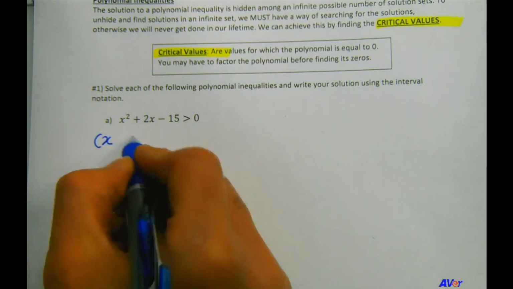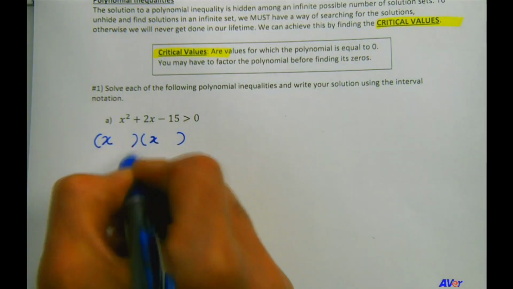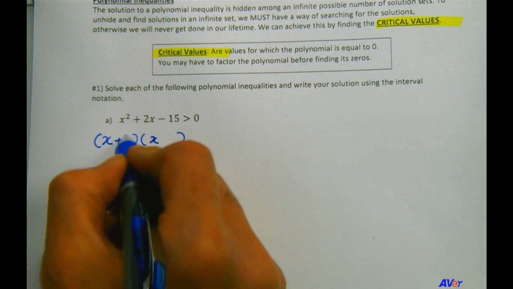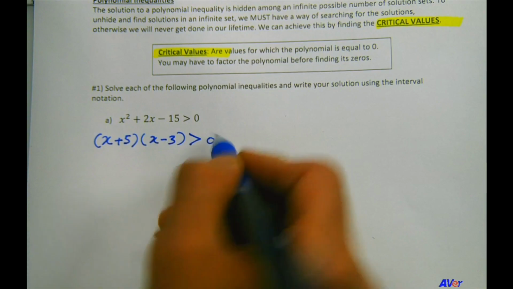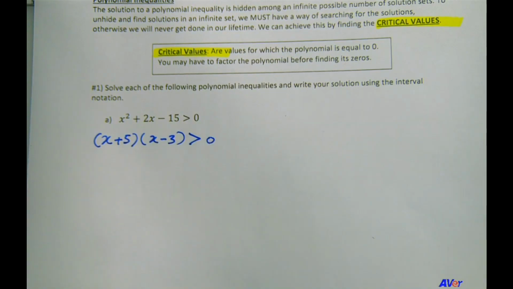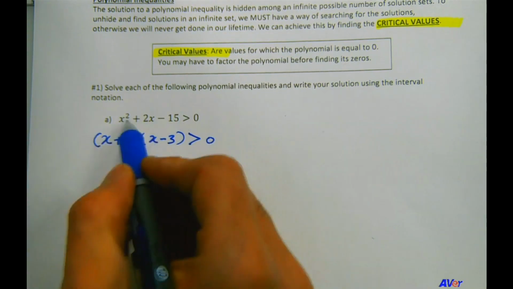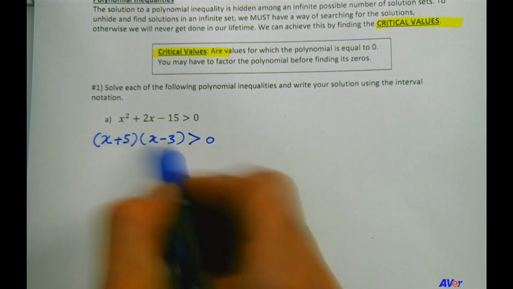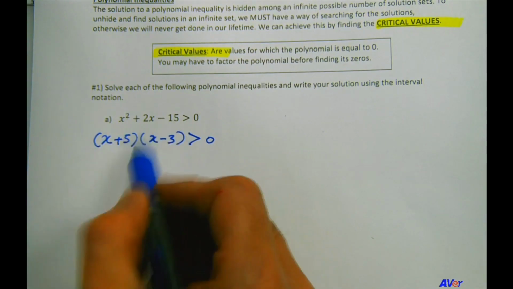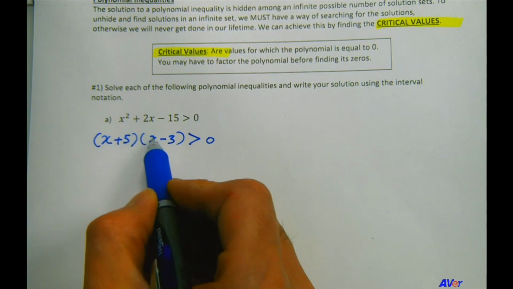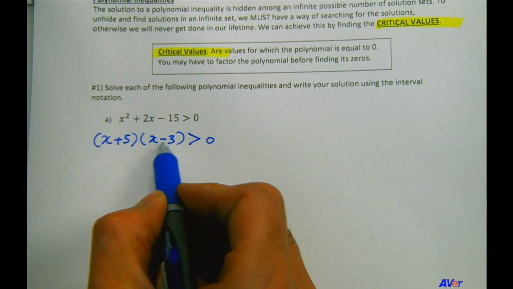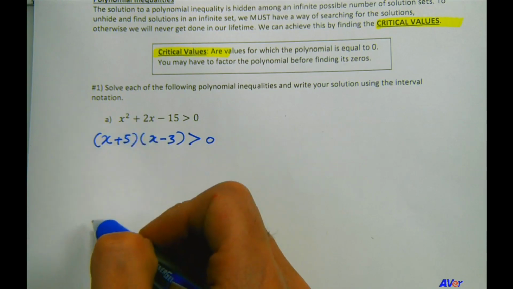We can say that the factors of this polynomial are x plus 5 and x minus 3, greater than 0. Check: x times x, x squared. And 5 times minus 3, minus 15. Where is the 2x coming from? From 5 times x, minus 3x, which gives us positive 2x.